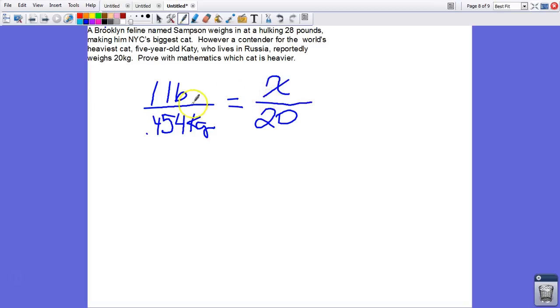So either way you want to do it, you come up with an answer and you put it as which cat. I didn't find the answer; I'm going to make you do that. You would put their name here though.